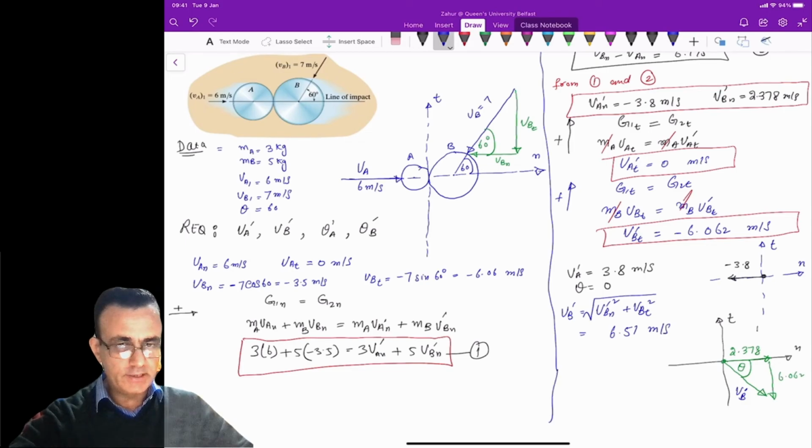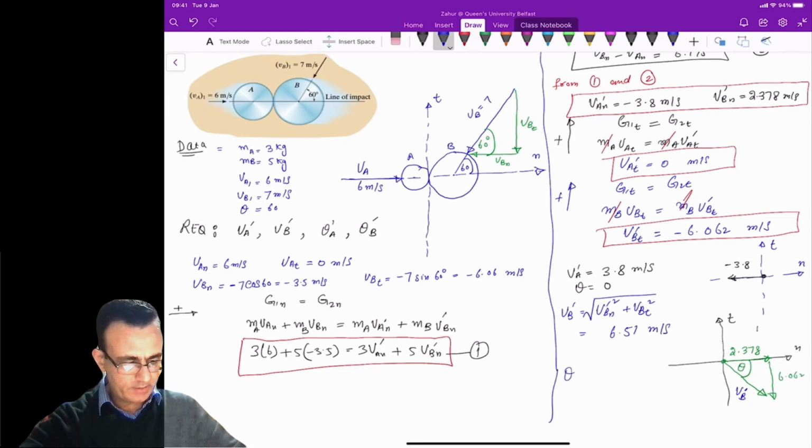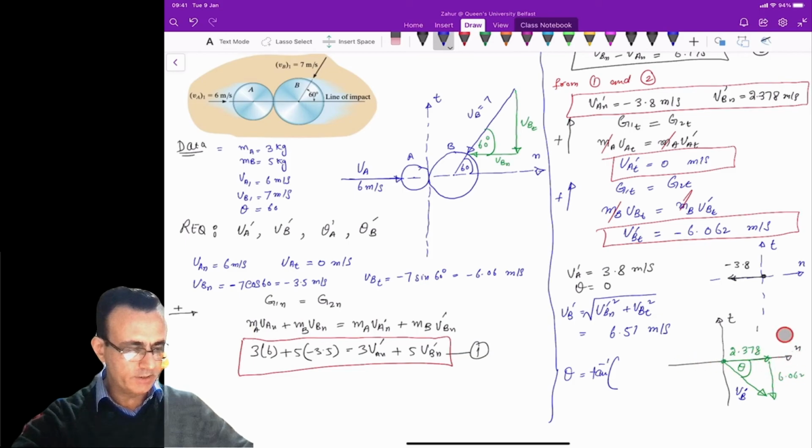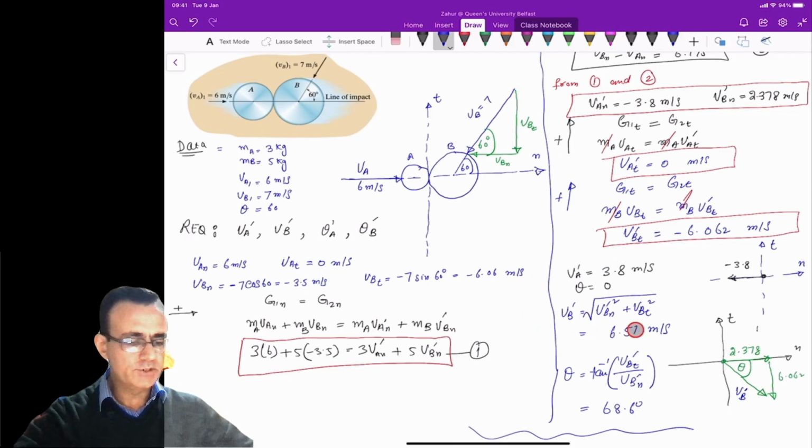And then the angle theta should be equal to tangent inverse, obviously of this value divided by this value, so VBt' divided by VBn', which will be 68.6 degrees. So here you managed to calculate the velocities after impact.